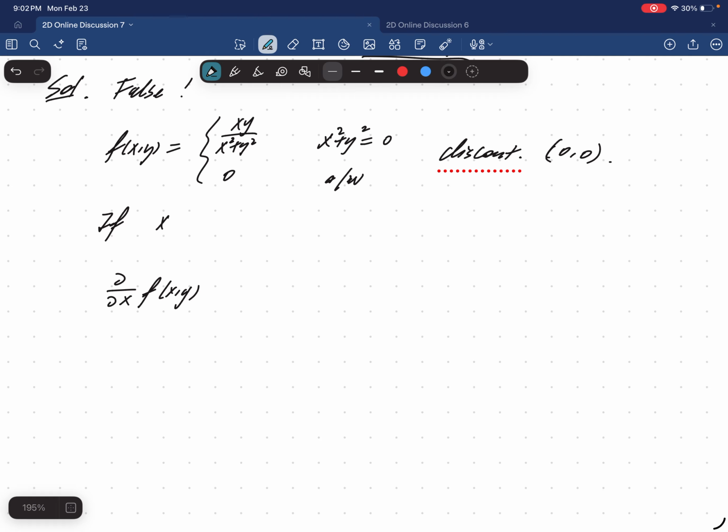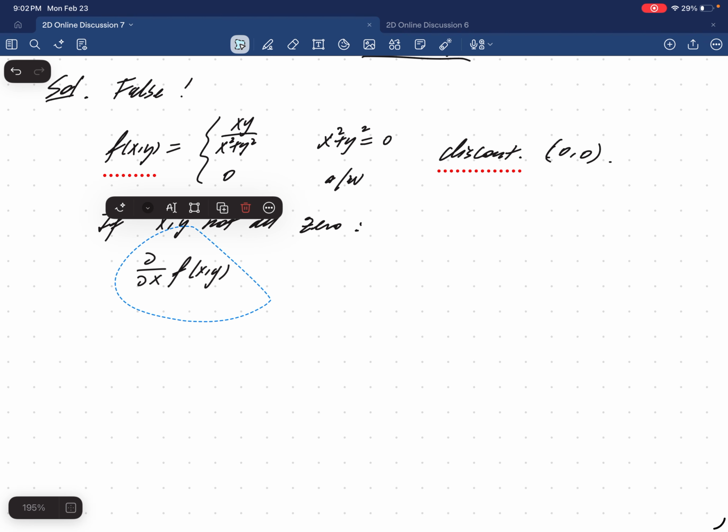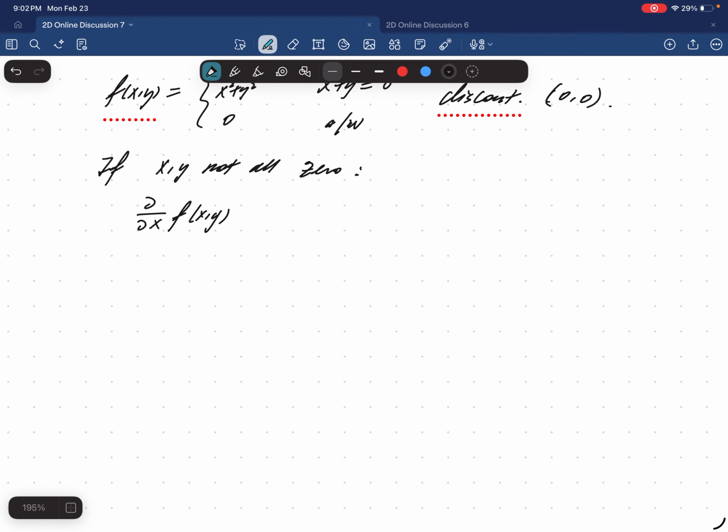If x, y are not both 0, then this is just taking the x derivative, but fixing y as a constant. So this is d/dx of f tilde of x, where f tilde of x is defined to be f(x,y).